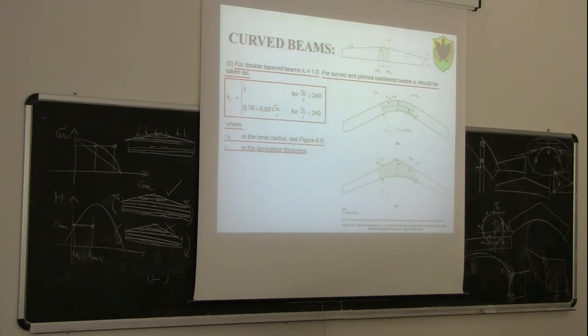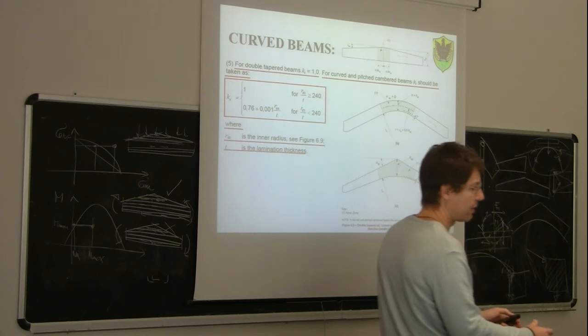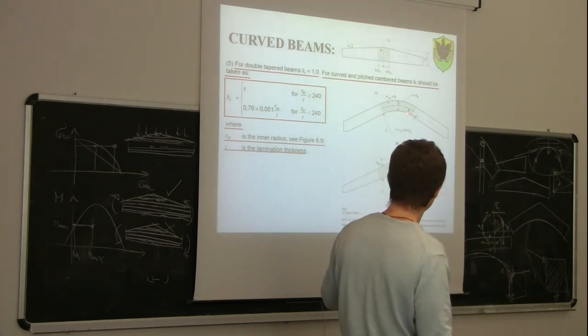For curved beams, you see here an example of a curved beam, and underneath an example of pitched cambered beams. In this case, Kr may be equal to 1 for r_in over t greater than 240. Instead, it is equal to 0.76 plus 0.1 r_in divided by t for this ratio less than 240. As you can see, the value of Kr is linked to the ratio between the minimum radius of the arch and the thickness of the lamination.